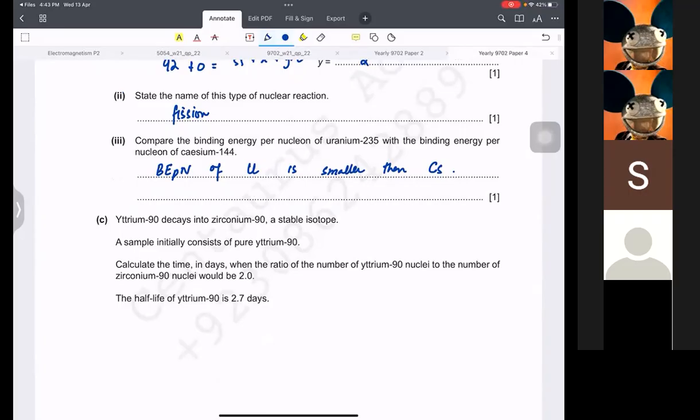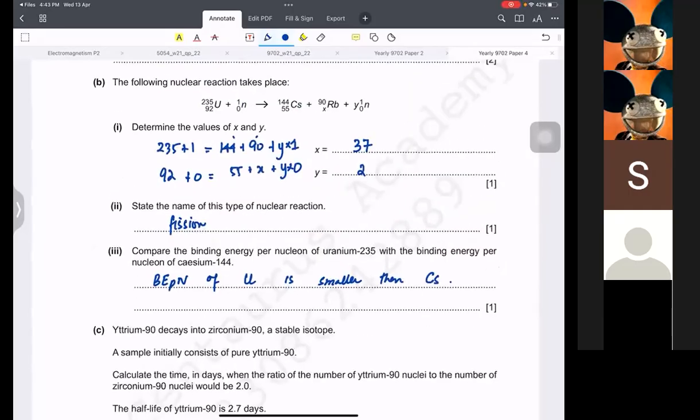A sample initially consists of pure yttrium. Calculate the time in days when the ratio of the number of yttrium nuclei to the number of zirconium-90 nuclei would be 2. The half-life is given. Oh wow, this is an important question.